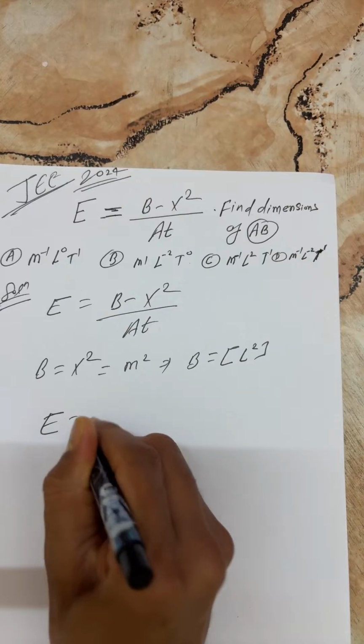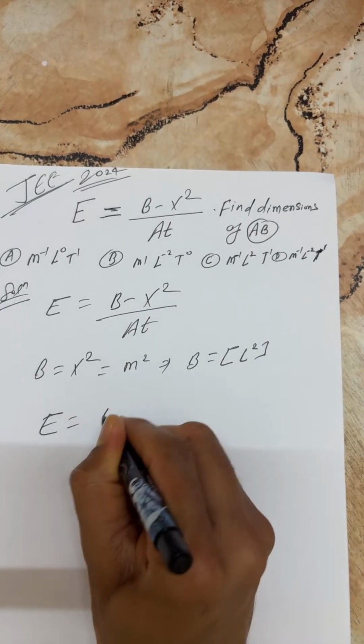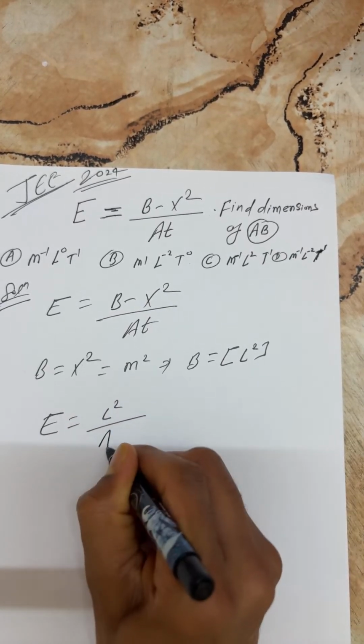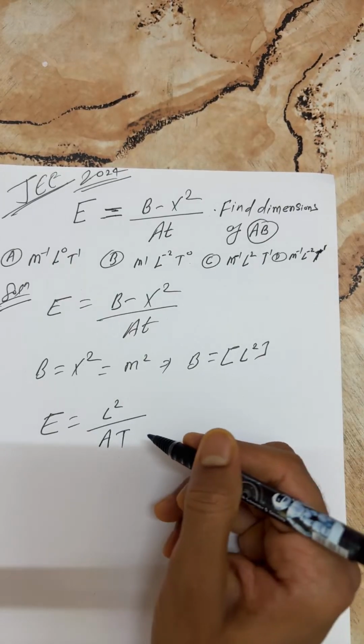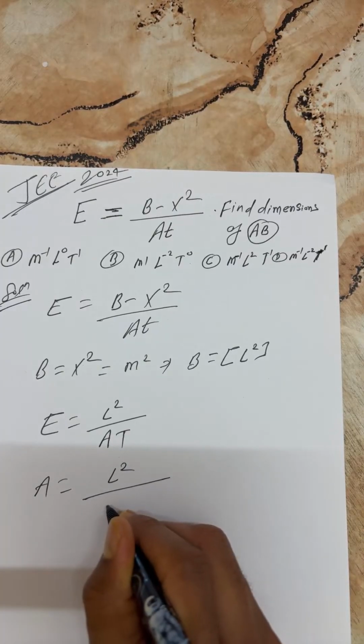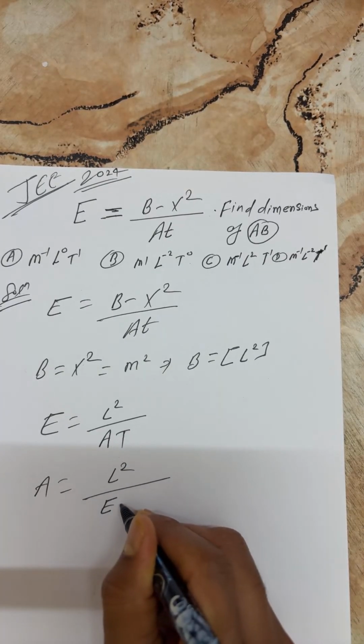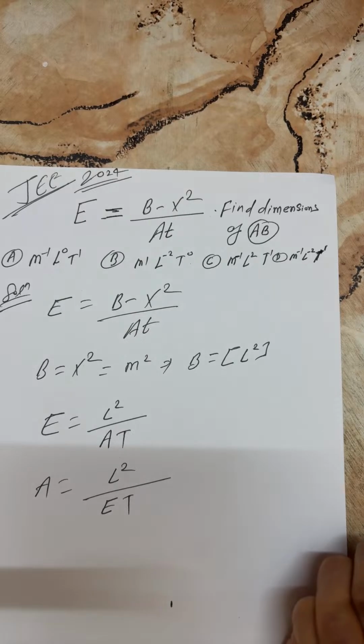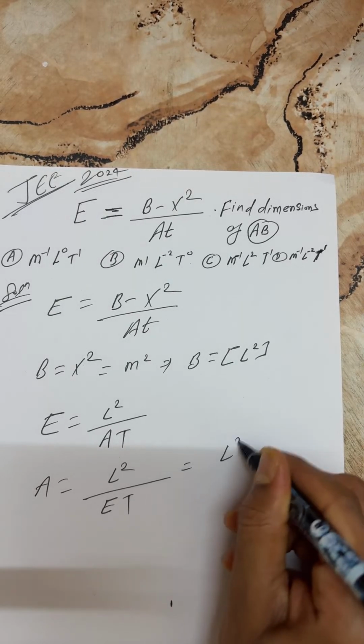So you can write, this is A, and the dimension is L square. This is time T. We wish to find A. So A is L square by E into T. L square remains here.